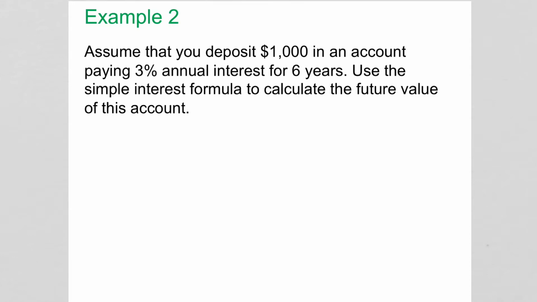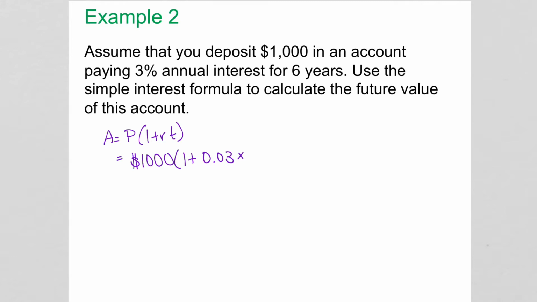Assume that you deposit $1,000 in an account paying 3% annual interest for 6 years. Use the simple interest formula to calculate the future value of this account. So A is P times 1 plus RT. Your P is $1,000. The rate is 3%, so 0.03.